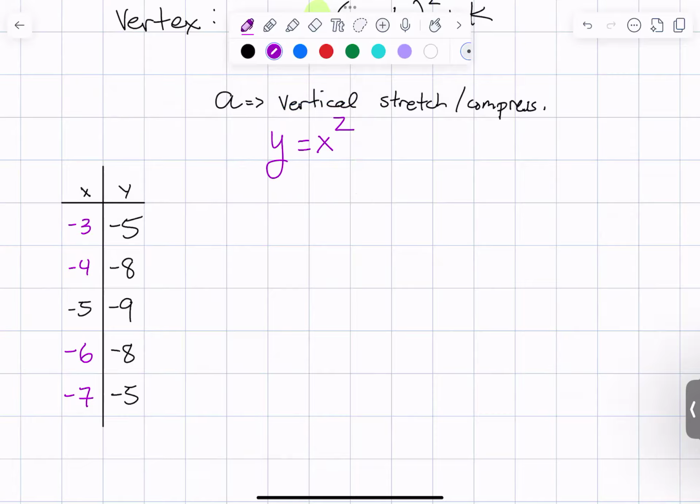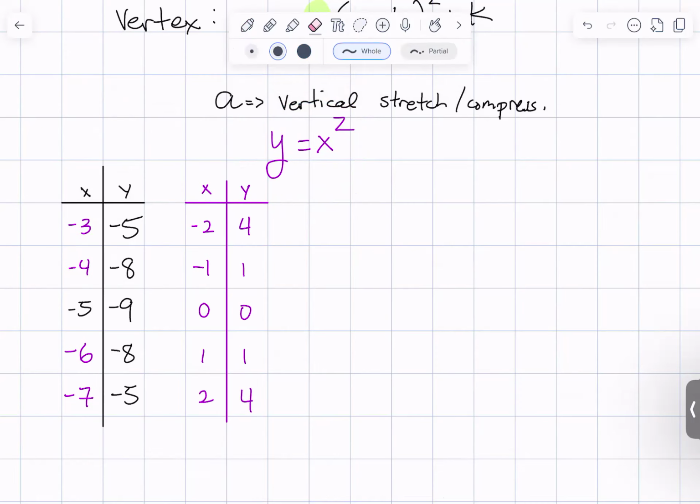If I draw it here, right next to it, remember my table of values is -2, -1, 0, 1, 2, and that would be 4, 1, 0, 1, 4.